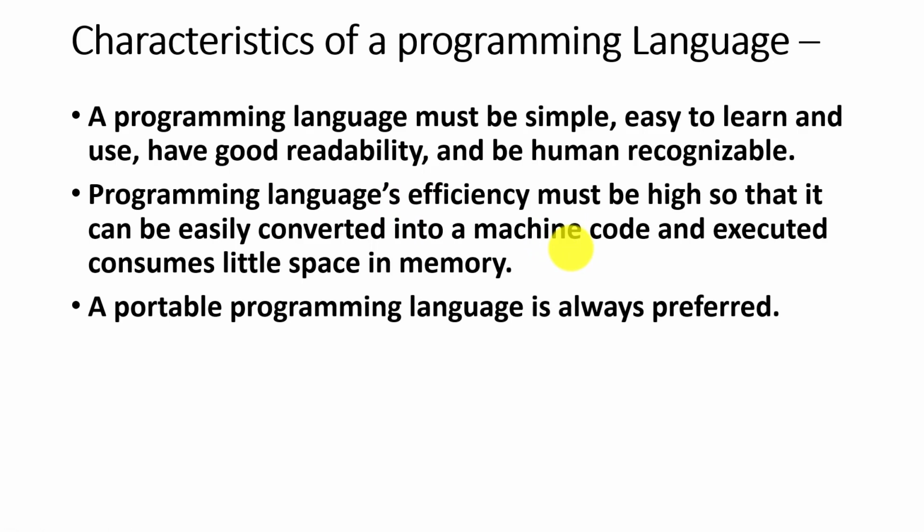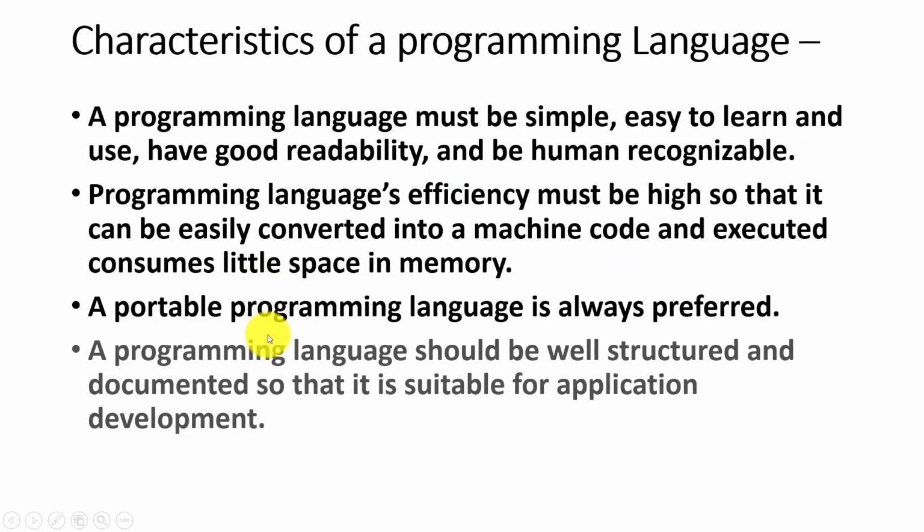It must be portable and efficient to convert to machine code, and once executed it should consume little space in memory. It should also be structured and documented, so it's suitable for any application development. These are all the characteristics of programming languages.